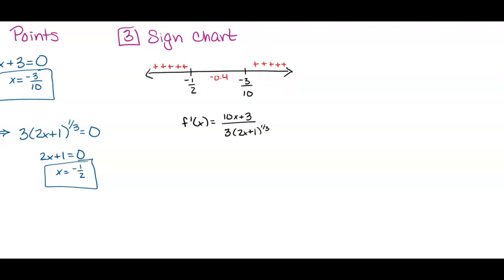So negative 0.4 times 10 will give me a negative 4, plus 3 gives me a negative. On the bottom, negative 0.4 times 2 gives me negative 0.8. When I add 1, I get a positive. And then I take that to the 1/3 power, it'll still be positive, and I multiply by 3, it'll still be positive.